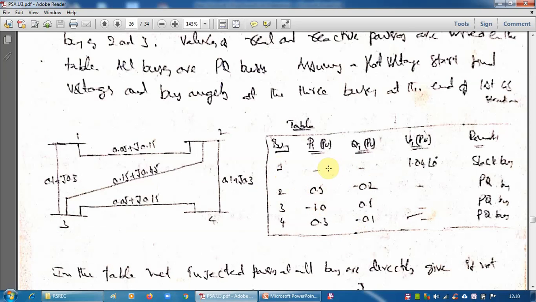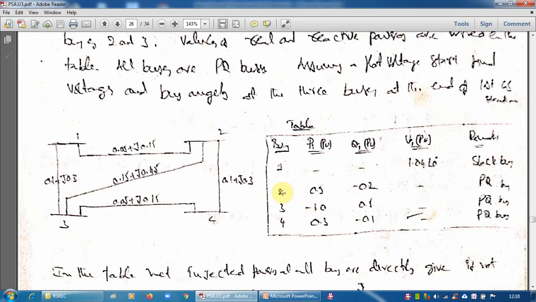Bus 1, what are the given values? P and Q are not given. What is given? Bus voltage magnitude 1.04 pu and bus voltage angle 0 are given. So at this bus, V magnitude and angle delta are given, P and Q are not given. If this is the case, what is that bus? Slack bus, mentioned as slack bus.